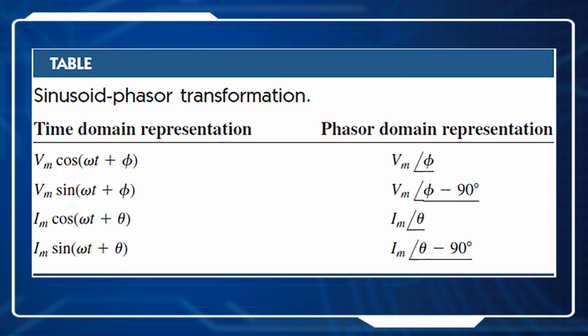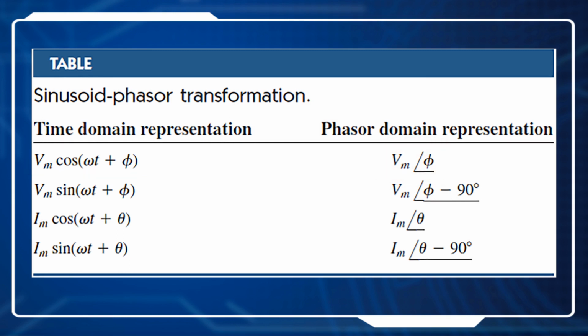So from now, we're going to use the phasor to represent the sinusoids and to solve the circuit using phasors. You can find the relationship between phasor and the sinusoids inside this table. If a sinusoid is Vm multiplied by cosine omega t plus phi, the corresponding phasor is Vm angle phi.